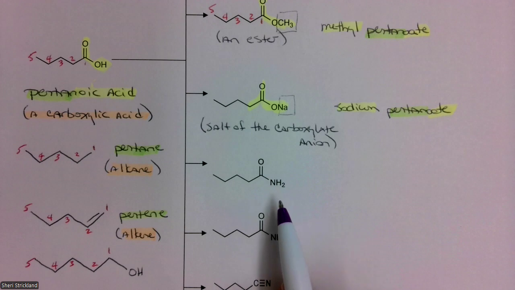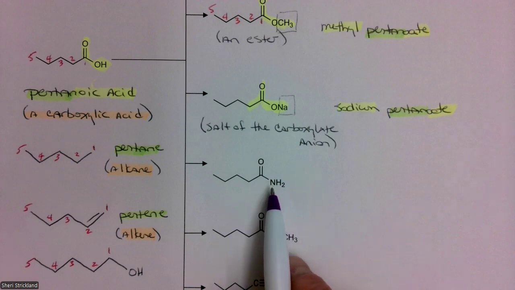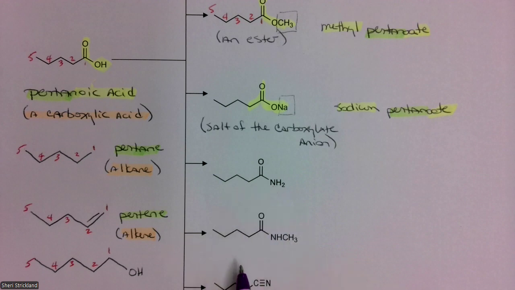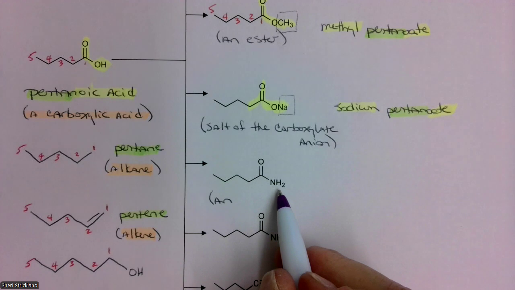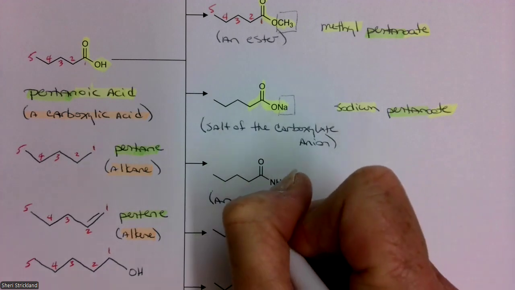Then with amides, you can have two hydrogens attached to this nitrogen, two alkyl groups, or one of each. So I just did a couple of different ones. This is an unsubstituted amide because there are no alkyl groups attached to that nitrogen.